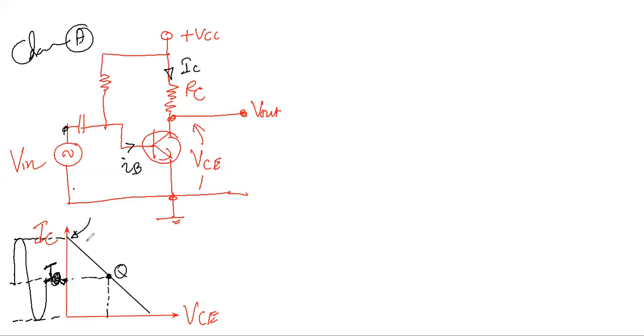This peak value, from here to here, I will represent as IP. Then this whole value is 2 times IP. You are fluctuating IC around IQ, and the peak value is IP.